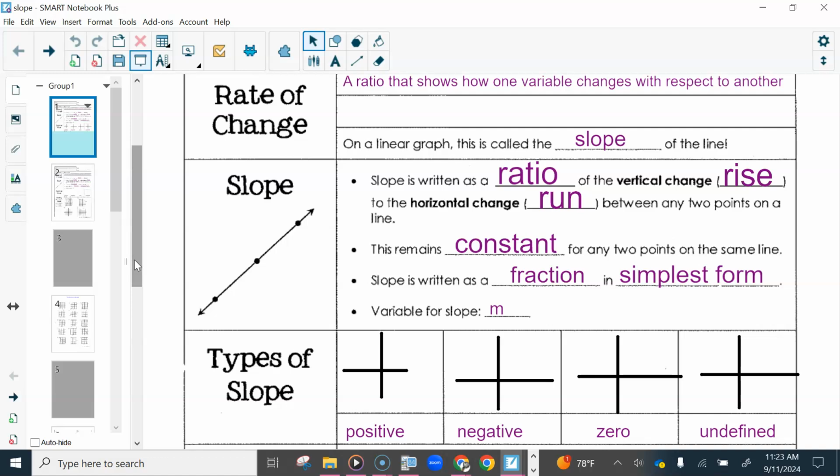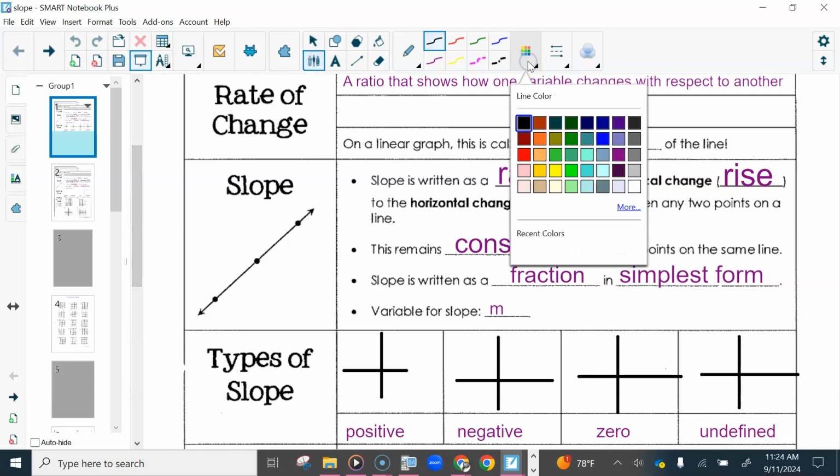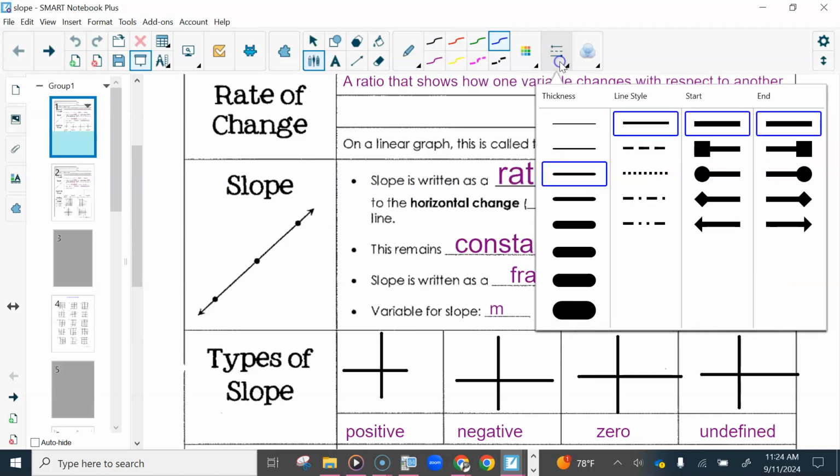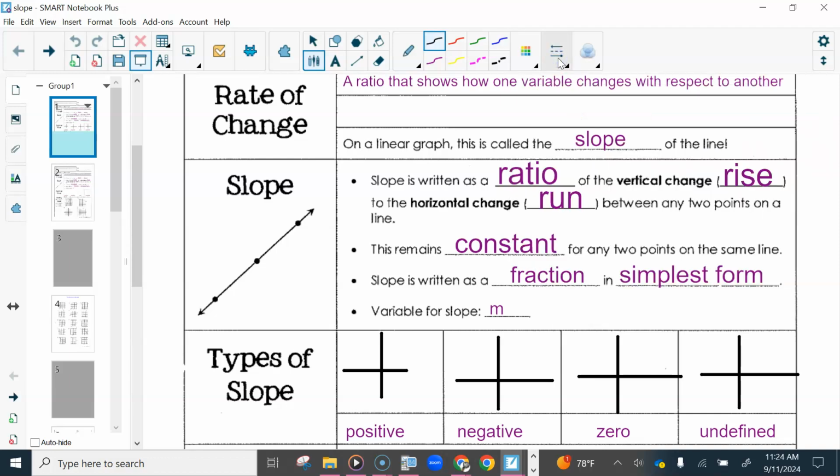And we're going to draw rough sketches of what these different slopes look like on these graphs. So don't feel like it needs to be perfect.